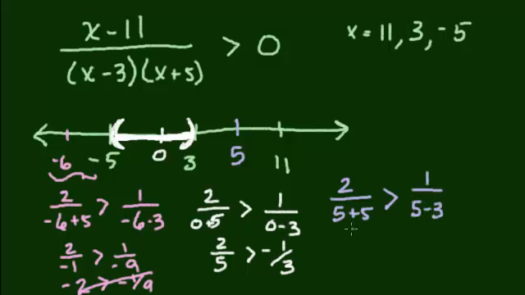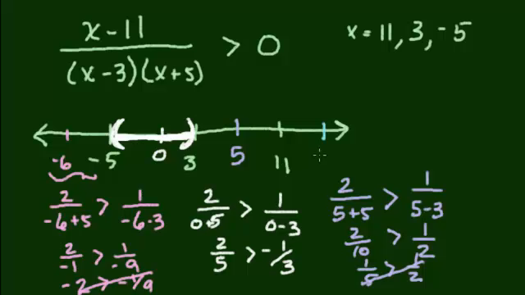So is 2 over 10 greater than 1/2? Or is 1/5 greater than 1/2? 1/5 is not greater than 1/2. So this particular section in here won't work. I still have more to do. I still have one more section to choose from.